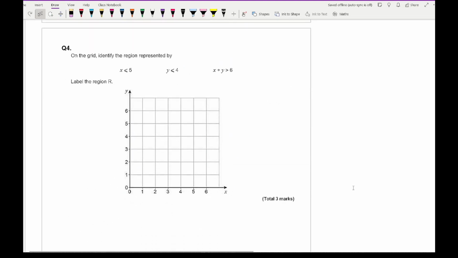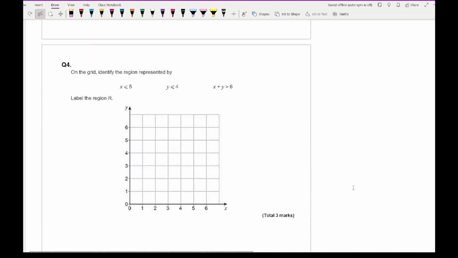Moving on to question 4, it says on the grid, identify the region represented by x is less or equal to 5, y is less or equal to 4, and x plus y is greater than 6. So looking at this, I need to plot x equals 5, which is a vertical line through 5, and it's going to be a solid line.